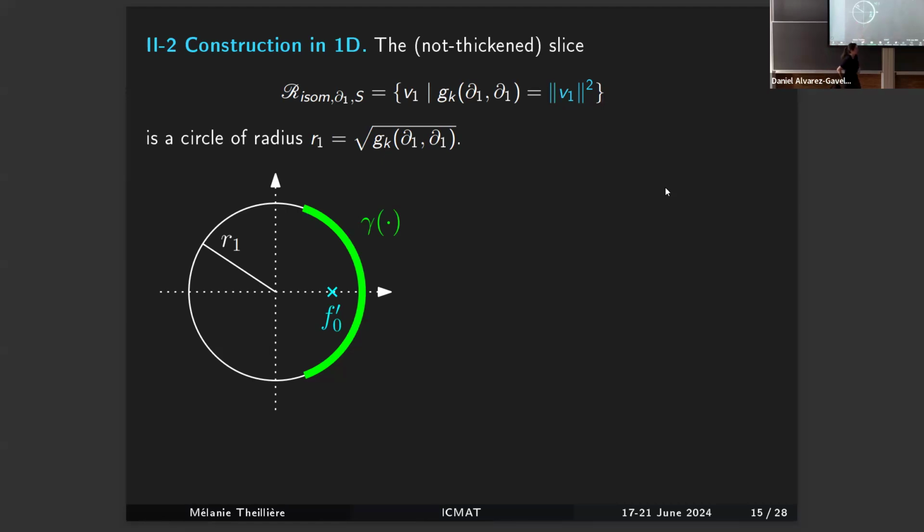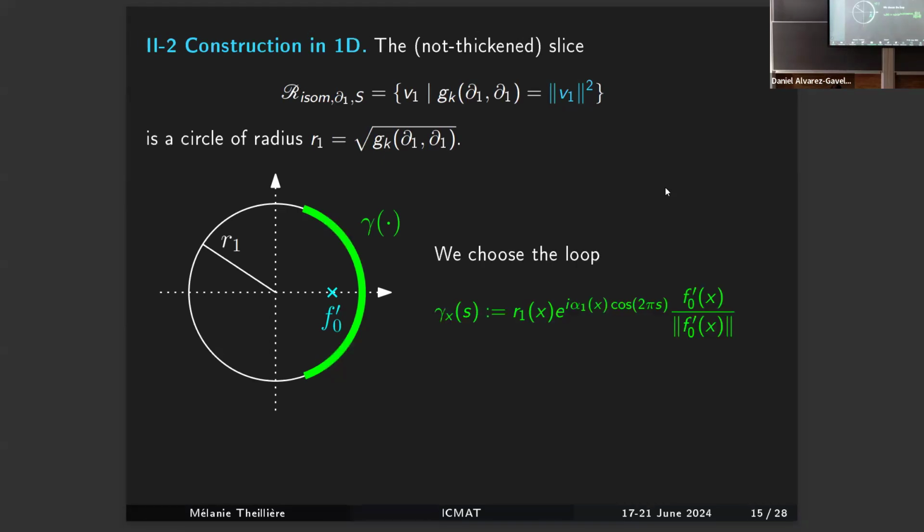So here it's an arc of circle. And we could choose this size of circle. The radius is controlled by the length we need to reach, and the angle of the arc of circle is constrained by the average we have to reach, and after in the direction of the derivative we want to modify.